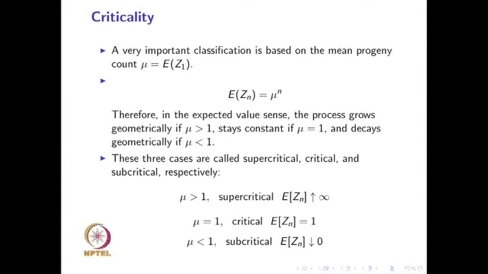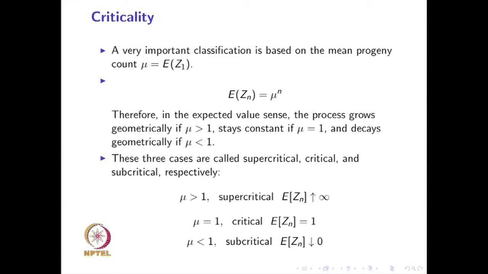Therefore, in the expected value sense, the process grows geometrically if mu is greater than 1, stays constant if mu is equal to 1, and decays geometrically if mu is less than 1. From the expectation of Zn equal to mu power n, we can conclude that if mu is greater than 1, the process grows geometrically.